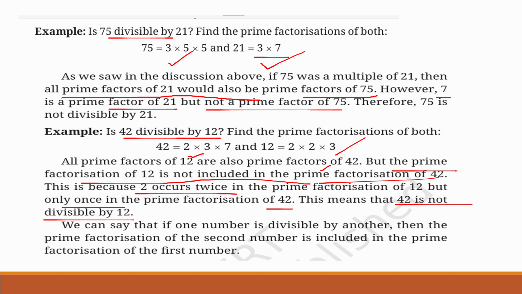In the prime factorization of 12, there are two 2's and one 3. But in the prime factorization of 42, there is only one 2. So, 42 is not divisible by 12.